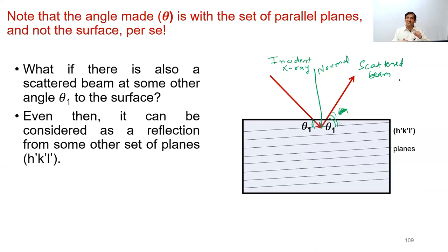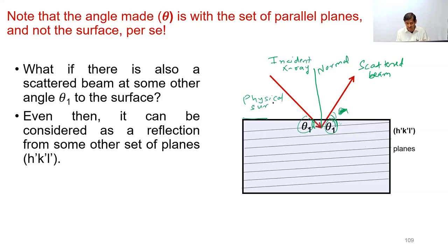If we also want to generate a scattered beam from this other set of planes H prime, K prime, L prime, then the angle made will be different. That angle will now be theta 1 with respect to this set of planes. So this theta 1 is not with respect to the physical surface, which is here. This is the physical surface.